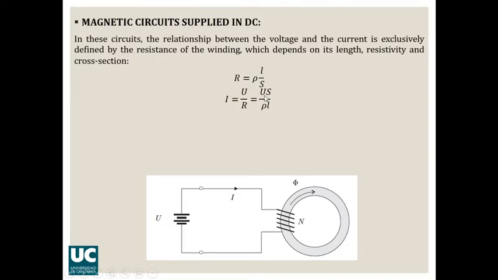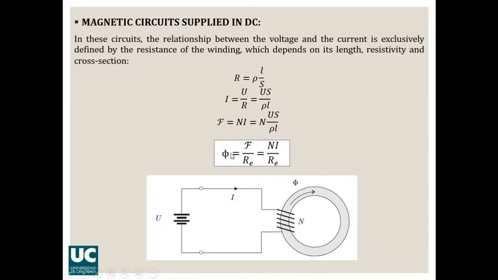The current is the product of the voltage and the cross-section divided by the resistivity by the length of the circuit. Then, the electromotive force is going to be the number of turns multiplied by the current. So here, as you have the current, you can introduce the current here.